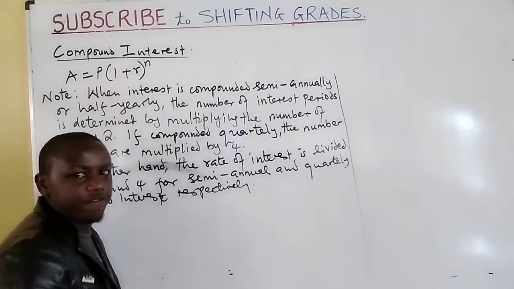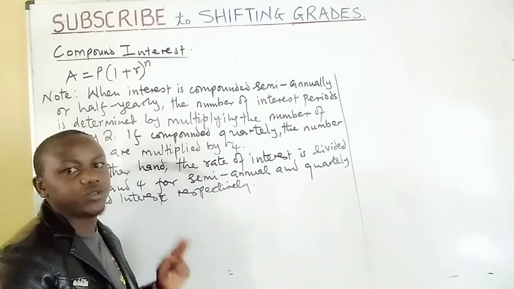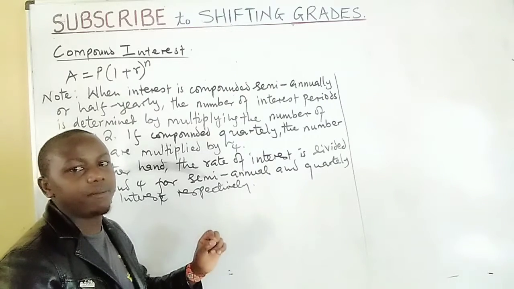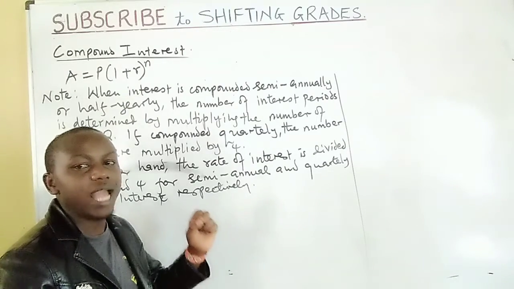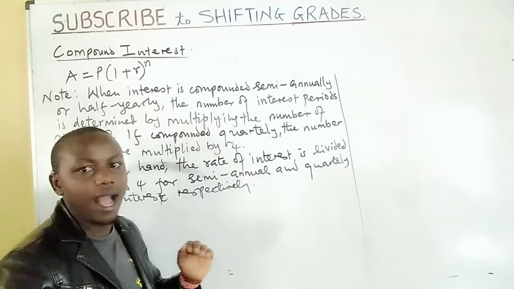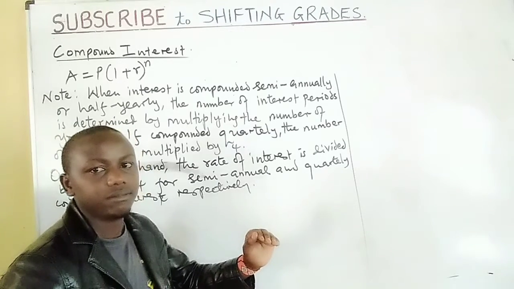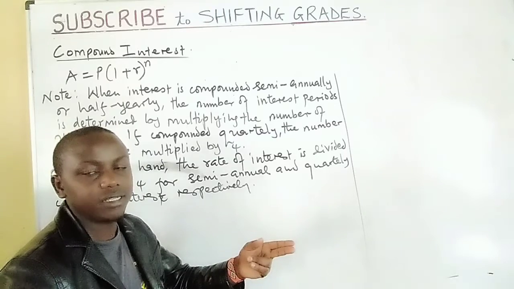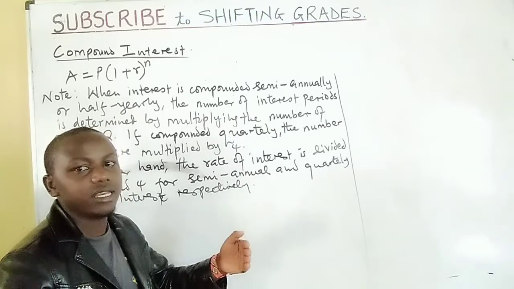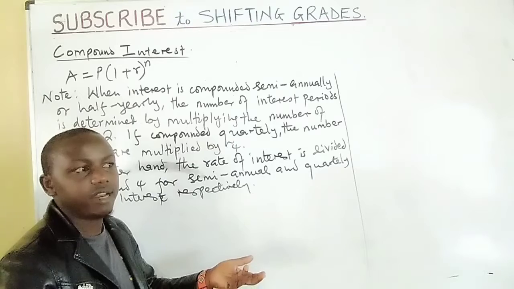So, if for compound interest the rate is 12% per annum, compounded semi-annually, then semi-annually it will be half, definitely.